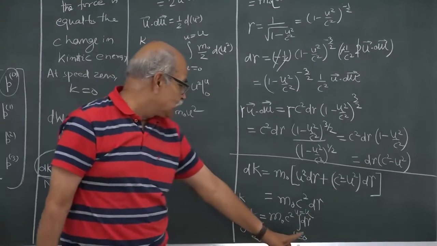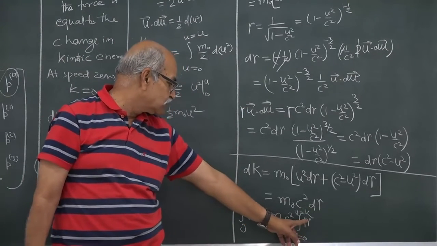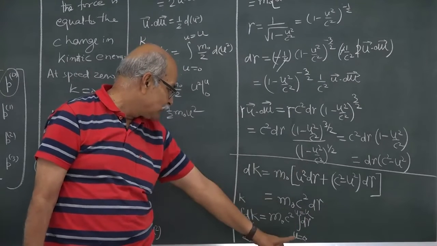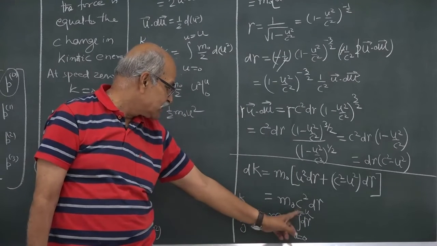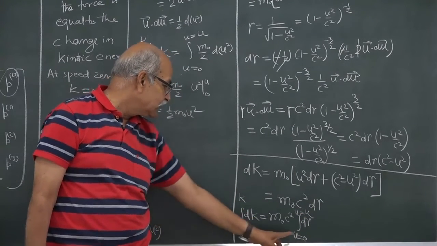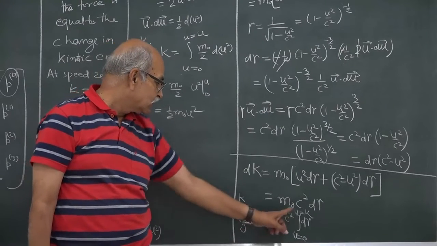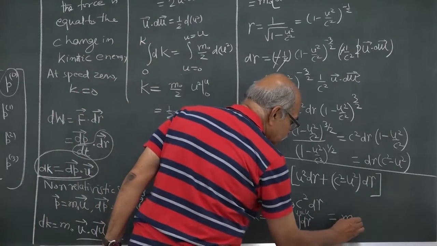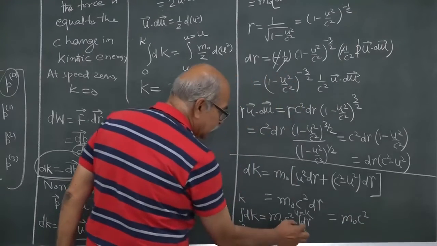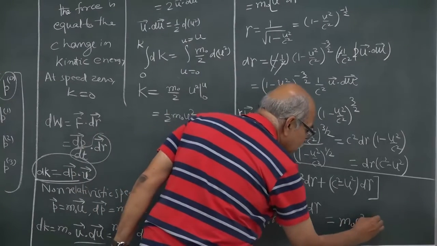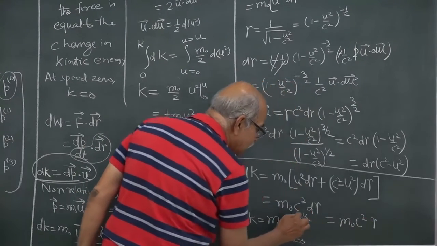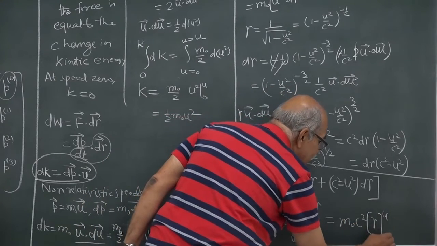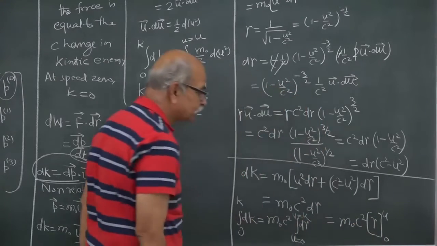So at u equal to 0, there is some value of this gamma, and at u there is some value. So you have to integrate between these limits, and here correspondingly kinetic energy is 0, here kinetic energy k, and therefore this is m naught c square, integration of d gamma is just gamma. So it is gamma at u equal to u and at u equal to 0.